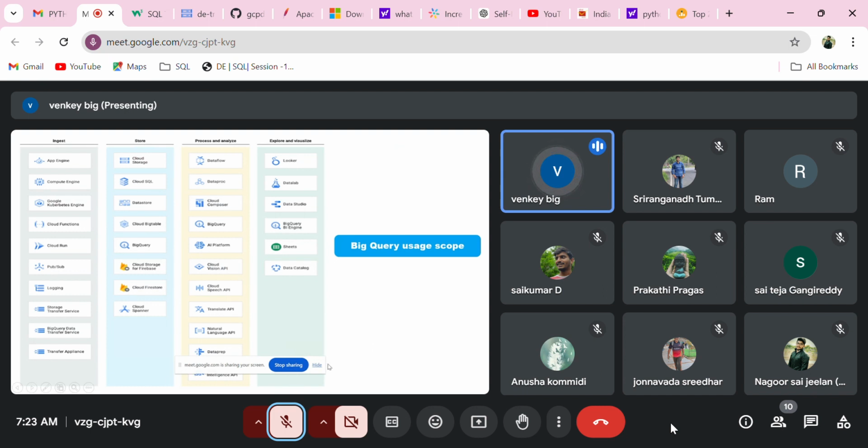Among these service segregations, you can use the BigQuery Data Transfer Service in the ingest section, and BigQuery in the storage section. You can also use BigQuery for processing, I mean, you can write your data queries.